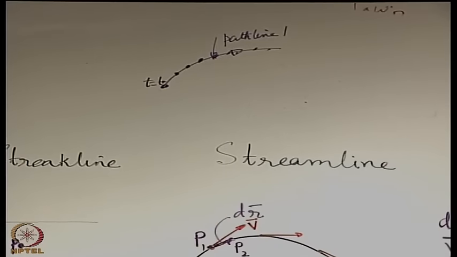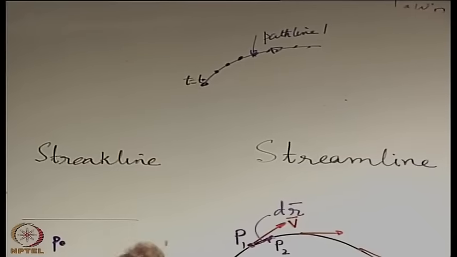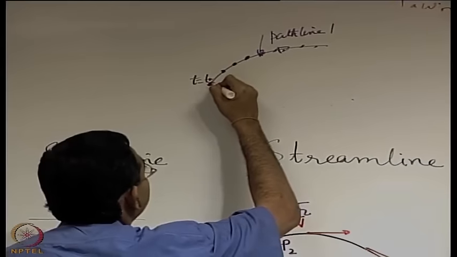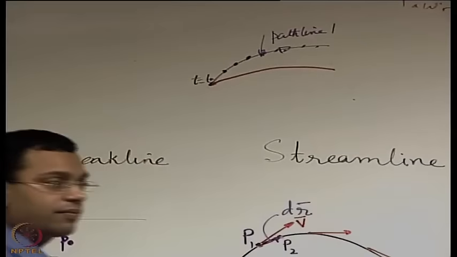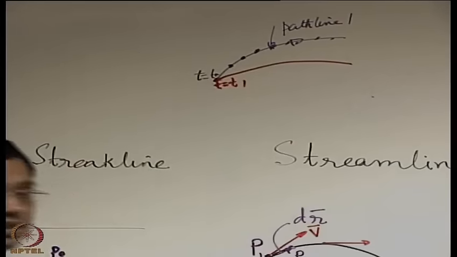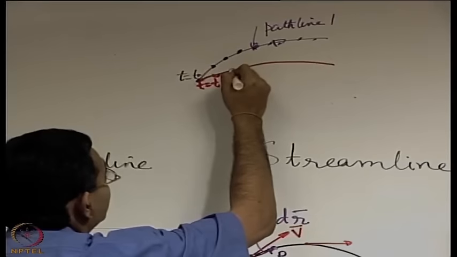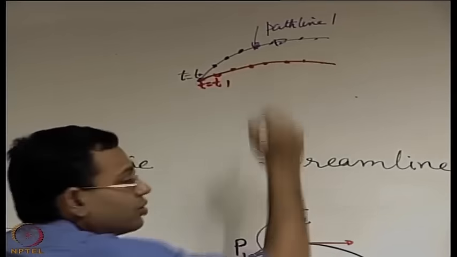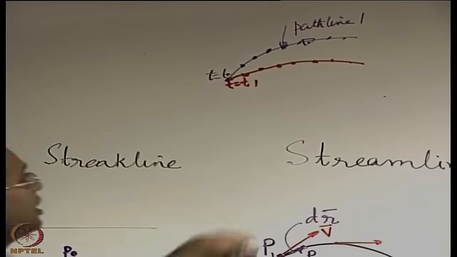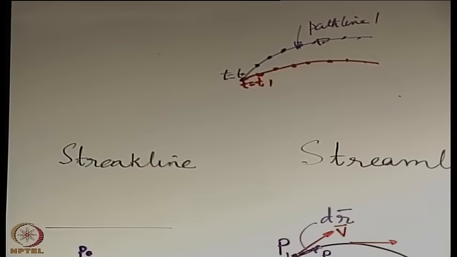Let us say there is another fluid particle which has passed through this at time equal to t1, and let us say that this red line represents its locus. So this is something which was injected at t equal to t1. The path may be different because it may be an unsteady flow, so it is possible that the velocity field has changed with time. When it has changed with time, the particle may be forced to move along a different locus. So this is path line 2.